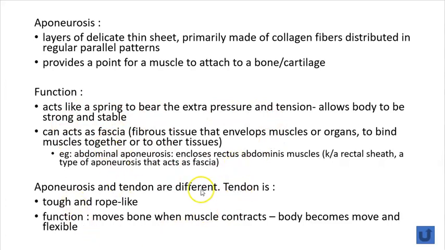And then this is the difference between aponeurosis and tendon. Biceps brachii, its tendon is inserted at the radial tuberosity, one of it, and the other one becomes the bicipital aponeurosis. What's the difference? Tendon is tough and rope-like, whereas aponeurosis is a thin sheet. This one you can read by yourself.